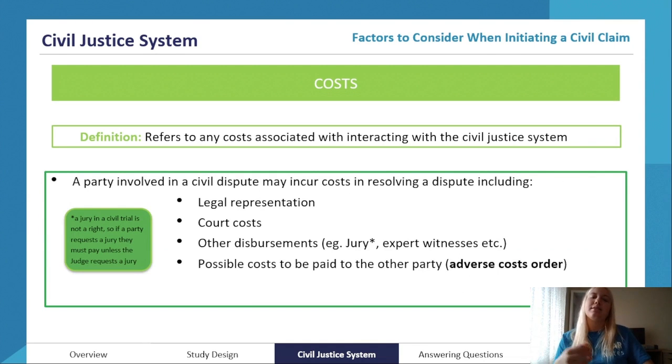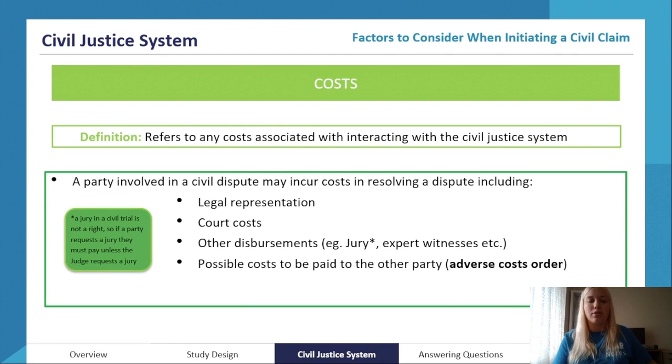And if you request a jury in civil cases, because civil cases never have a jury automatically given to them, we have juries for indictable offenses. If there is a jury within the civil system, it will have been requested by one of the parties that they just prefer to have the decision decided by a jury, and they actually have to pay for the jury if they're requested as well.